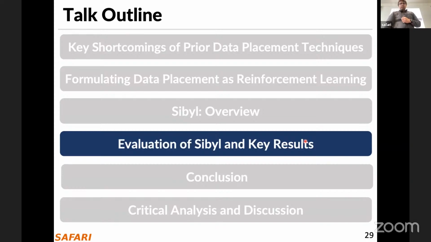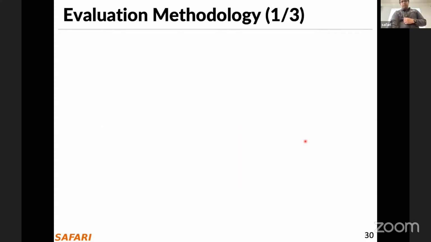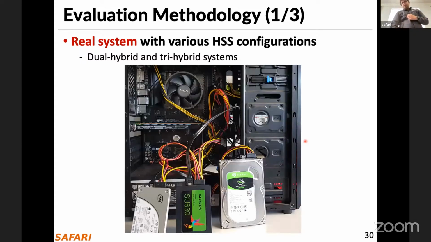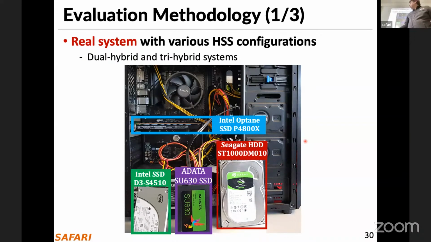So that's more or less how we designed Sibyl, and now I'll jump to the evaluation. We evaluated Sibyl on a real system with multiple HSS configurations, dual hybrid and tri-hybrid systems with 2 and 3 devices respectively. This is an example system where we have 4 devices.